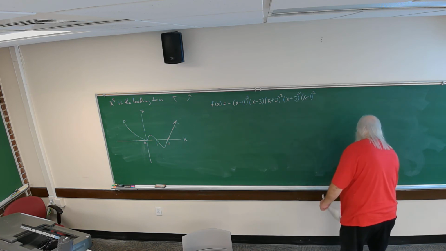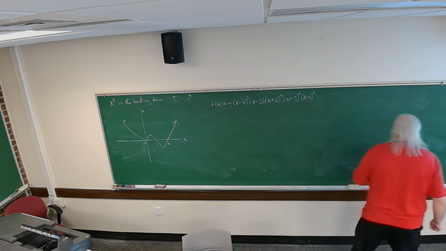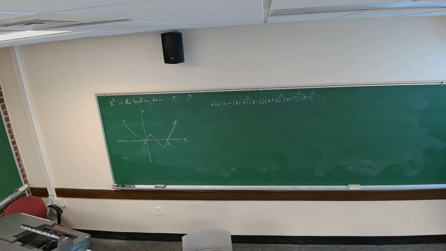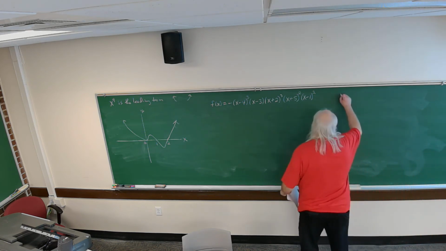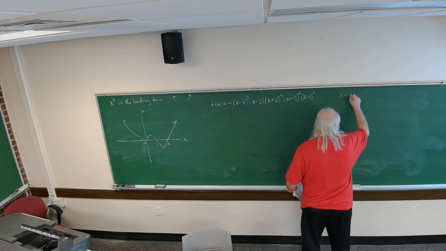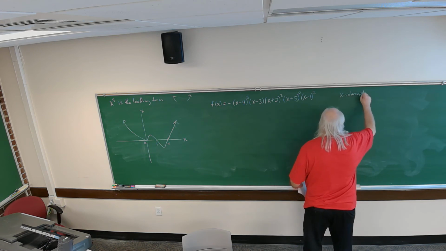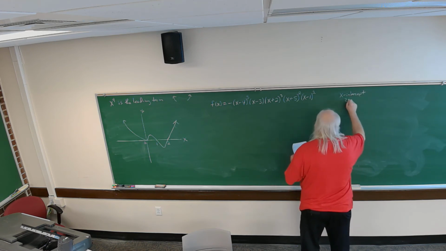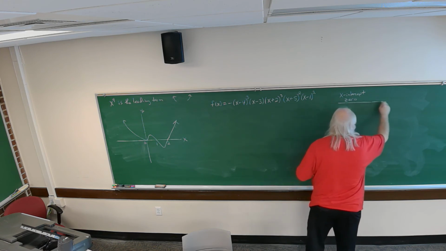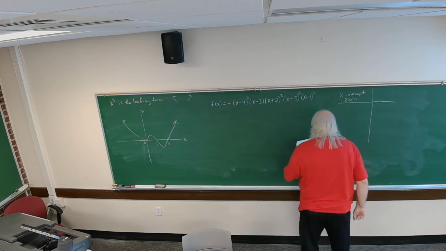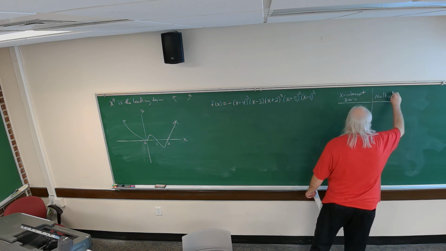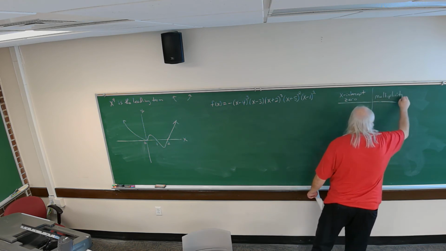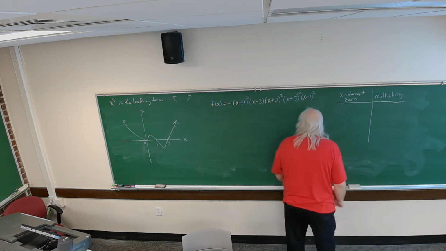So at the top of your paper, in the space above here, you might want to put this table. I created a little table. First column, I list the x-intercept, which is also called the 0 of the function. And then the second column, I listed the multiplicity for that x-intercept.